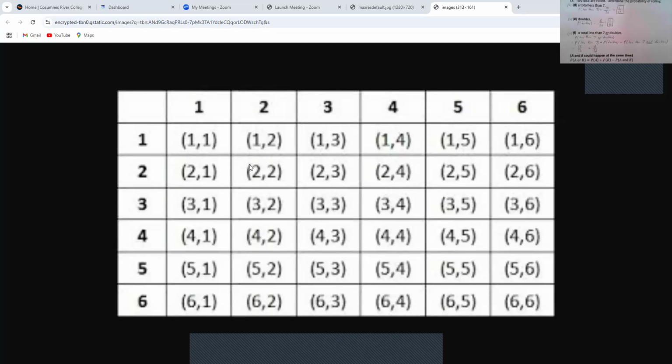The 1,1, the 2,2, and the 3,3 I counted twice because I counted them in both groups, right? They were included in the less than 7 group and they were also included in the doubles group. So these 3 elements that I'm pointing to right now were double counted. We need to fix that double counting by doing that subtraction that they have at the end.